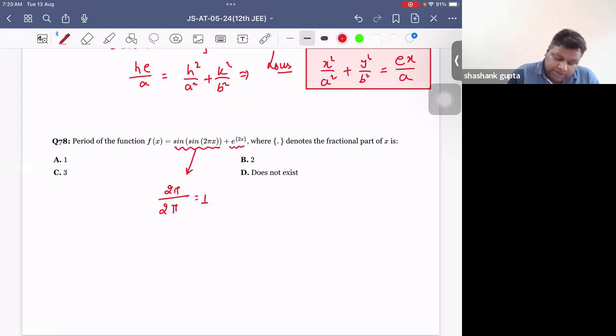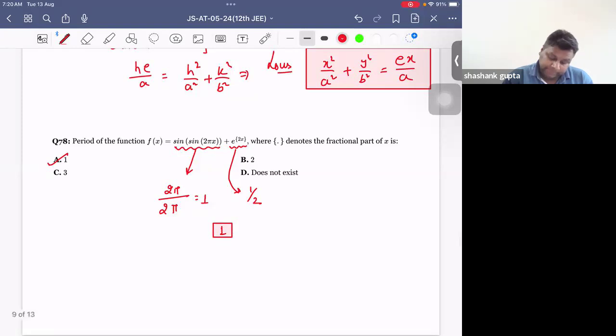Now, e to the power fractional part of 2x will be periodic with the same period as the fractional part of 2x. So the period of fractional part of x is 1, and of fractional part of 2x will be 1 by 2. Now what is the LCM of 1 and 1 by 2? It is 1. So this will be the period.